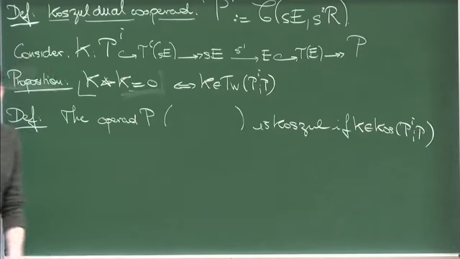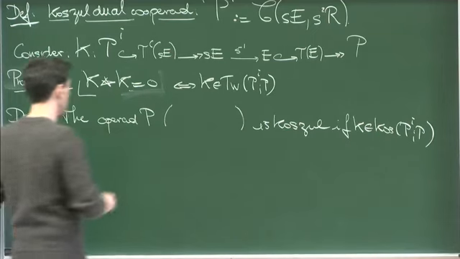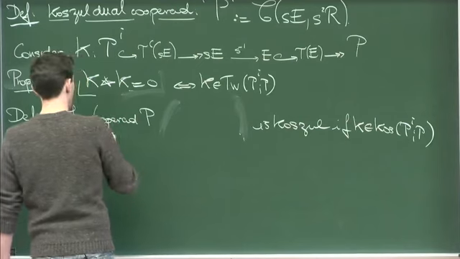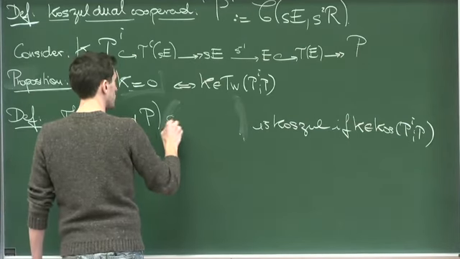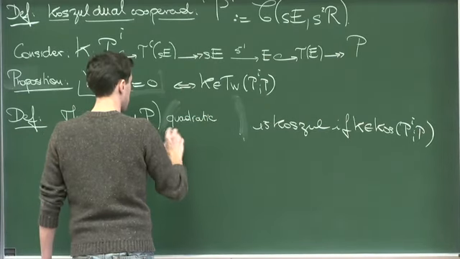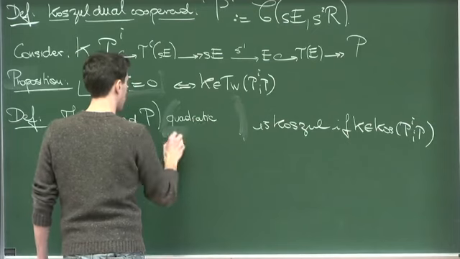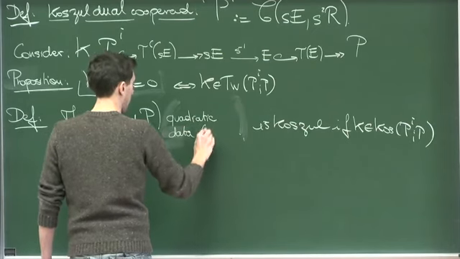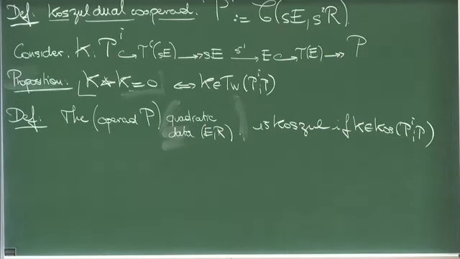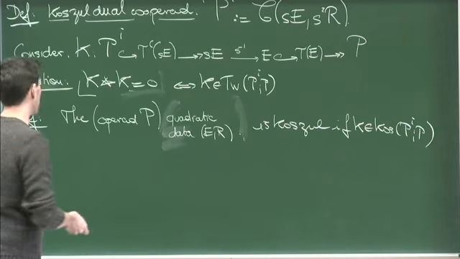Of course it's not the operad P itself, it's a quadratic presentation of P. So I should not write this, I should write the quadratic data. But I would always say the operad P, meaning that I have a favorite quadratic presentation in my mind.